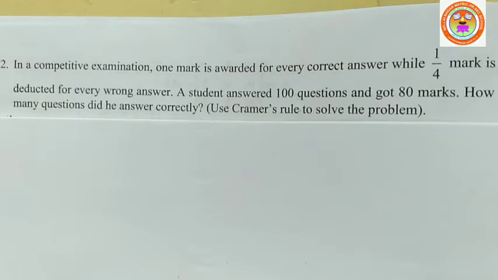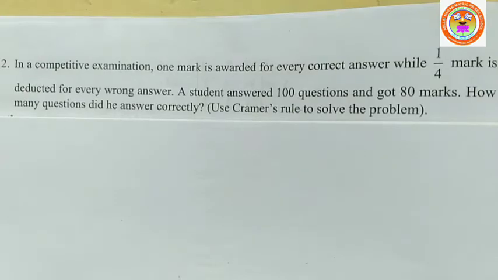What we can do is assign two variables x and y. One is for the number of questions he answered correctly, and the other variable y is for the number of questions he answered wrongly. So by data, he answered 100 questions including right and wrong, right? That means the number of questions x plus y is equal to 100.